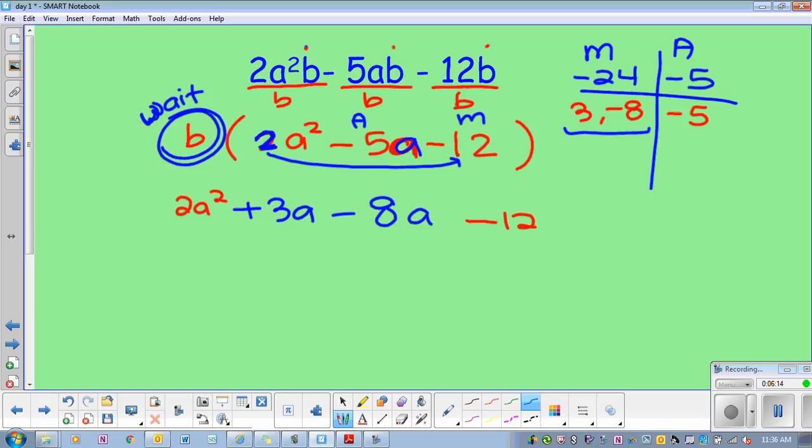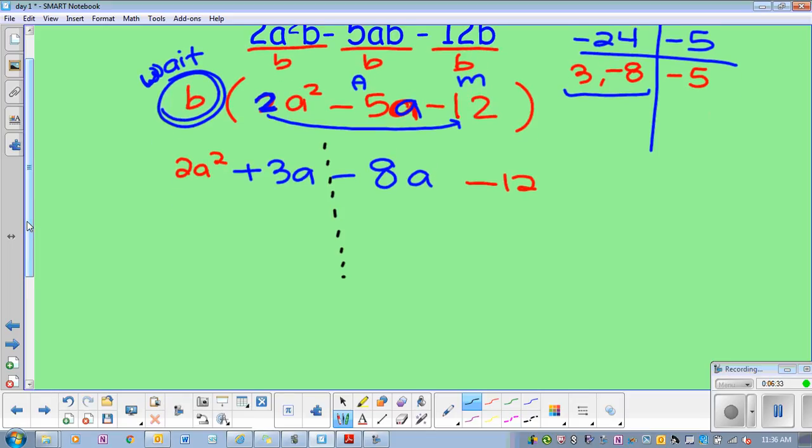Okay? Questions? Coming back? Now we have 1, 2, 3, 4. Wait, how do you factor when you have 4 terms? Good. Split it right down the middle, and you're going to GCF both sides. 2a squared plus 3a, and that's just a, yeah?